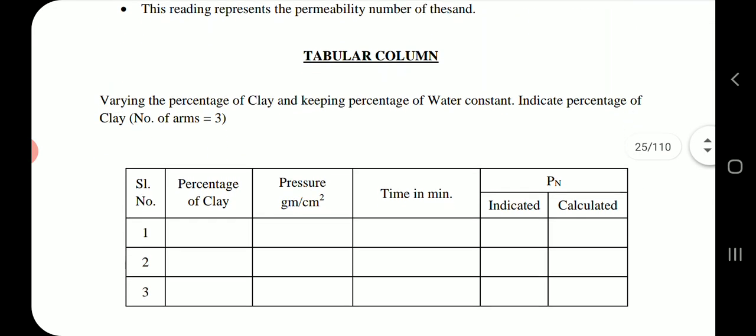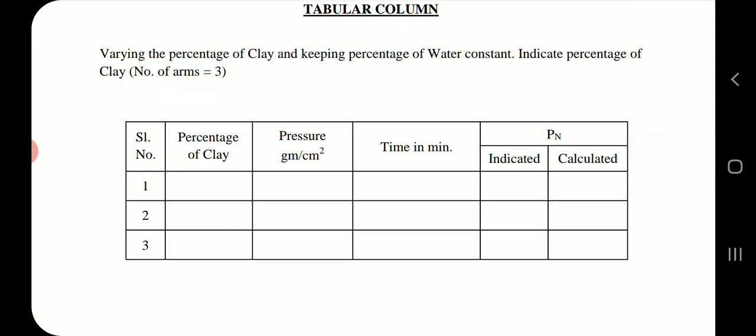Tabular column. Varying the percentage of clay and keeping the percentage of water constant: indicate the percentage of clay, number of trials 3. Columns: serial number, percentage of clay, pressure in gram per square centimeter, time in minutes, Pn indicated, Pn calculated.